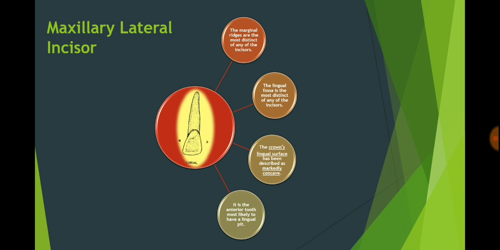You know, when you have a spoon and you want to drink some soup with it, you want a nice spoon with almost rounded edges, so that the soup won't get lost. That's the same with the lateral incisor on the lingual surface.